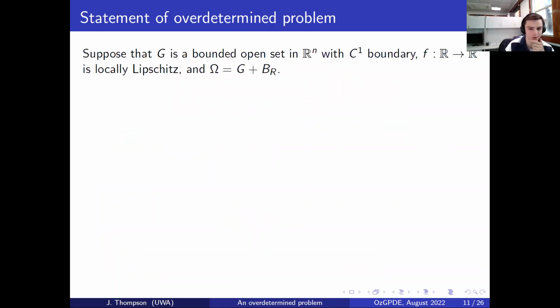Okay, so what is the problem that we actually considered? Suppose that G is a bounded set. This is the same setup as before. We take omega to be the Minkowski sum of G and a ball, and f is locally Lipschitz.